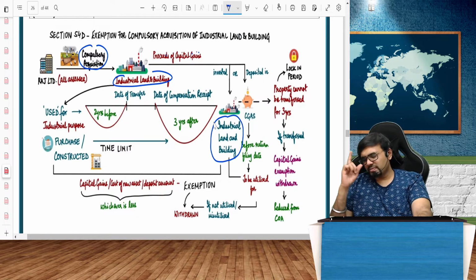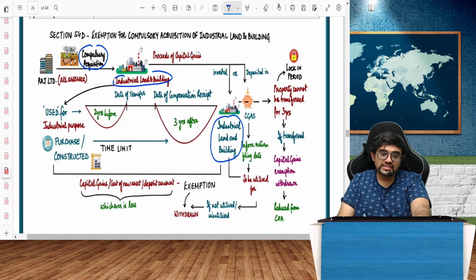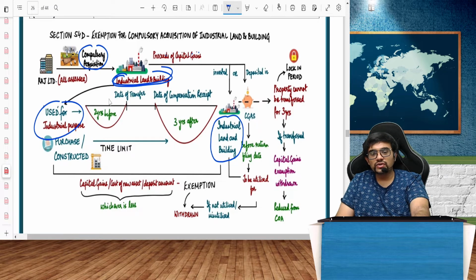Point number 1 applies to all assessees. Point number 2, what should be the asset? Industrial land and building. Point number 3, what should he buy? Industrial land and building in some other area, and the proceeds of that capital gain should again go into one more industrial land and building. This industrial land and building should have been used for industrial purposes. And when should I buy? 2 years before or 3 years after? Whenever.